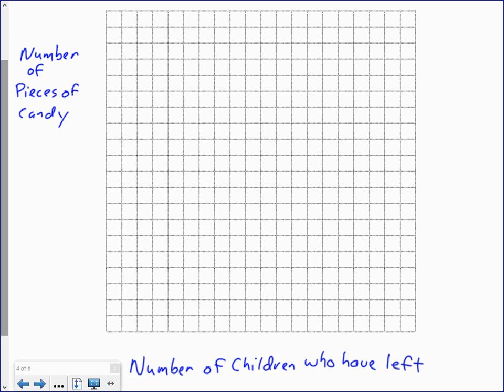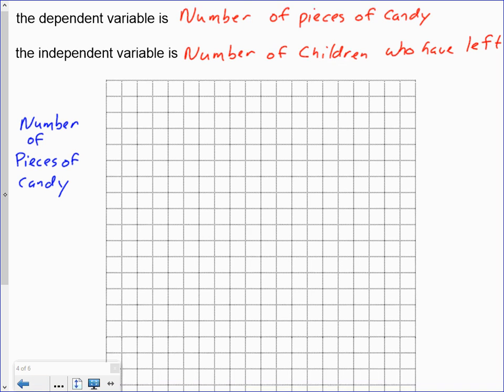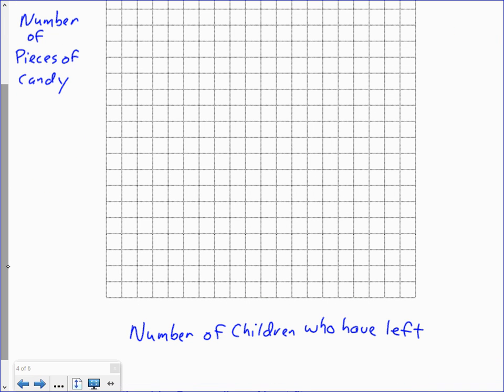So the next thing I want to do is put a scale on my axis. To do that, I'm going to flip back and look at the numbers that I have here. For number of children who have left, my numbers go from 3 up to 13. So if I go back to my graph, I want to fit the numbers from 3 to 13 along the horizontal axis. I'm probably going to want to start at 0.